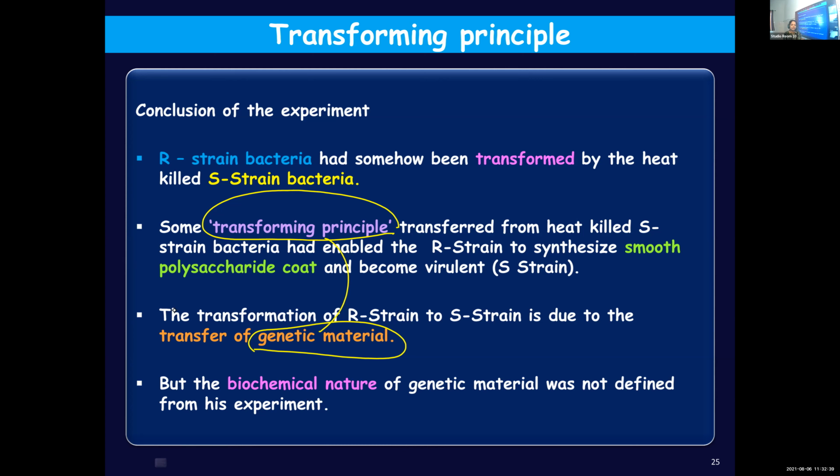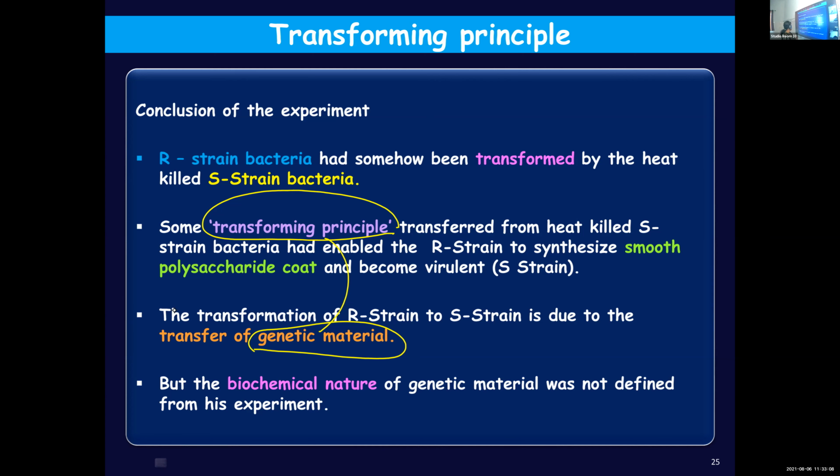What they understood is that some transforming principle, some genetic material, had got transferred from S strain to R strain bacteria and made them develop that mucus coating and transform into S strain bacteria. And these S strain bacteria developed pneumonia in mice and the mice died.